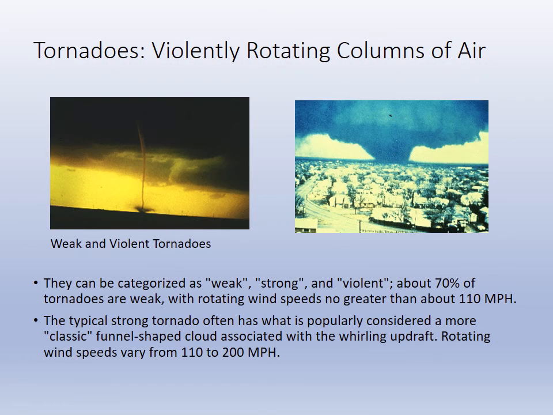So you can have small, weak tornadoes like the one on the left, or huge, massively destructive tornadoes like the one on the right, but they are associated with flat areas, extreme low pressure, and outstanding wind speeds.